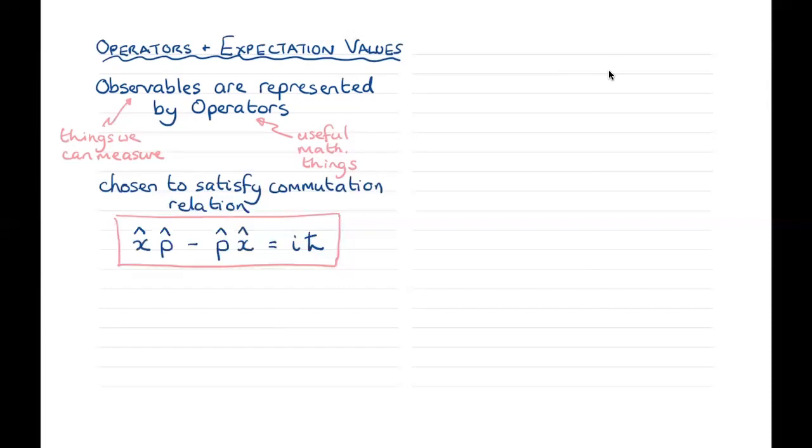And this statement is a basic, unprovable, underivable postulate that is useful because it fits with measured reality. I'm sure many of you have seen this before as the Heisenberg Uncertainty Principle.